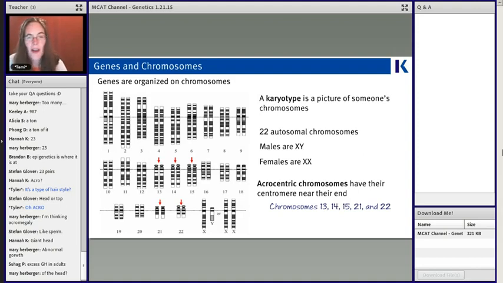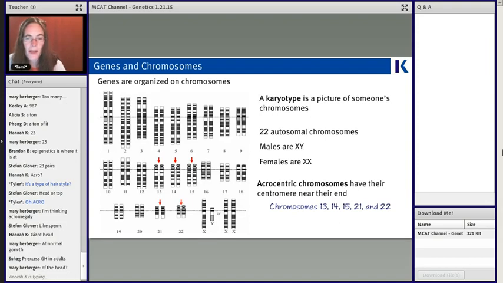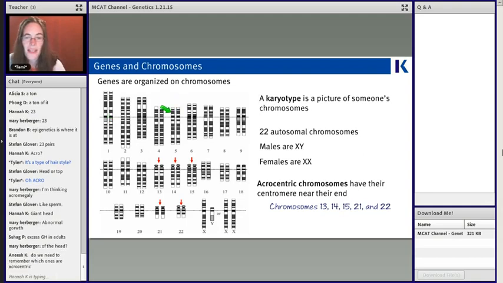This happens on 13, 14, 15, 21, and 22. Notice on all the other chromosomes, the P arm up here is nice and long. These guys, here is my P arm. It's just that little nub. So that's what we're talking about, the P arm is just very, very small.